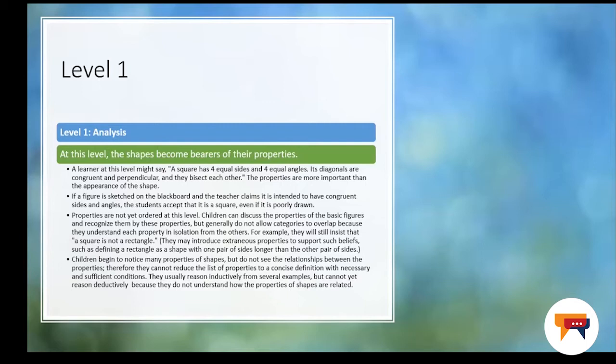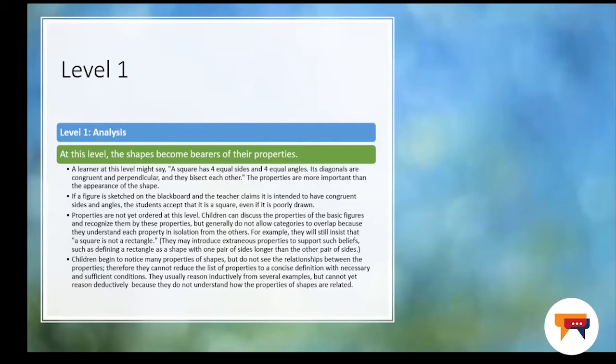Learners can discuss the properties of the basic shapes and recognize them by their properties, but generally they do not allow the categories to overlap because they understand each property in isolation from the others. For instance, they will still insist that a square is not a rectangle. They may support this by introducing extra properties to support their beliefs, such as defining a rectangle as a shape with one pair of sides longer than the other pair of sides.